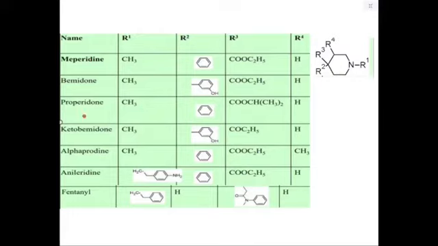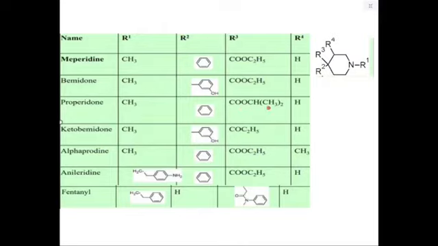And then you have properidine. Now, if you look at properidine, again, you have a methyl group there, a phenyl group there. It is actually the group that is there, as here you had an ethyl ester, but if you look at this, it is only the group which is different.